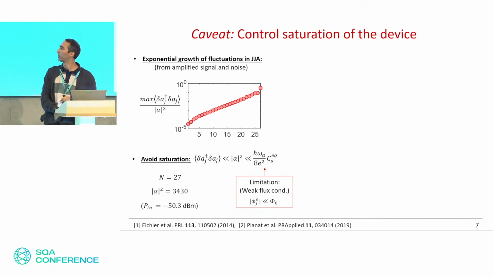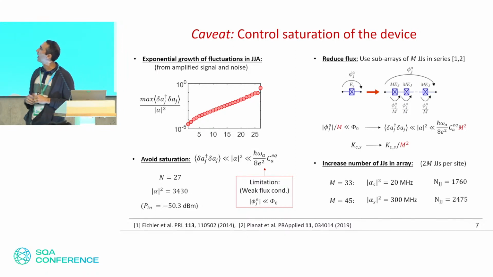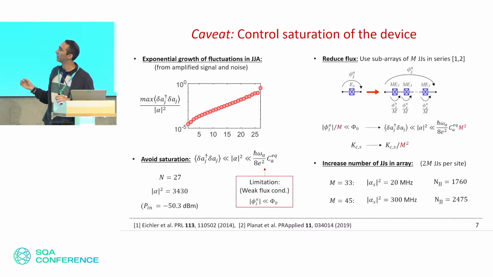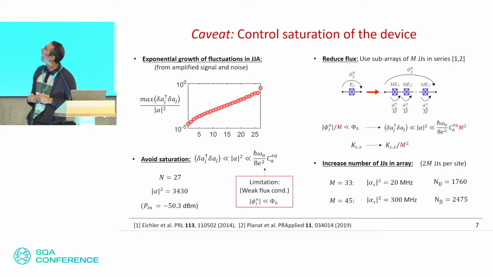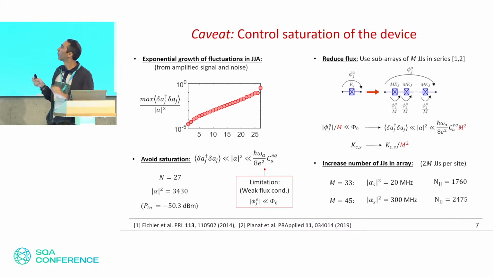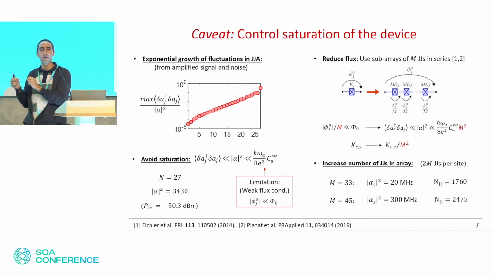You get other problems. But fortunately, other people already encountered this problem when they studied standard JPAs, in the group of Andreas Wallraff, and also in an experiment more recently in the group of Nicolas Roch. What you can do to reduce this saturation is to replace every Josephson junction in the array by a sub-array of m other Josephson junctions in series, where the Josephson energy is m times larger than before.